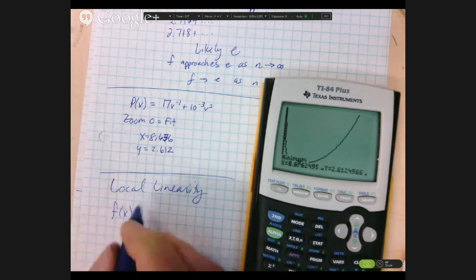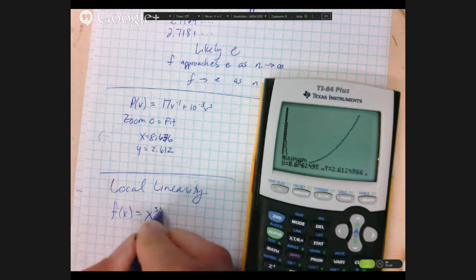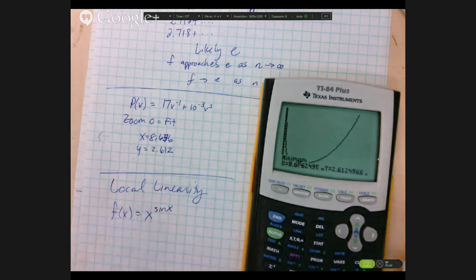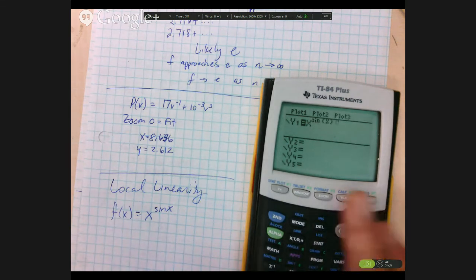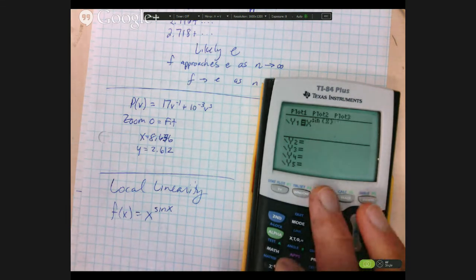All right, so basically what we're going to do is put in f of x equals x to the sine x in your viewing window. We choose these ugly, dastardly functions because they illustrate it nicely. Leave the window the same if you just go through it. Cool.